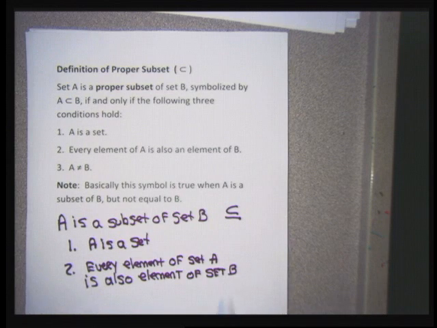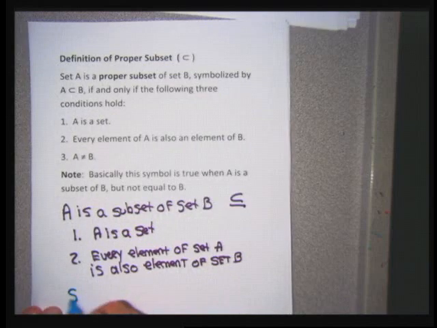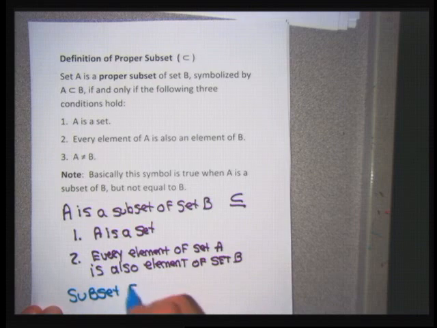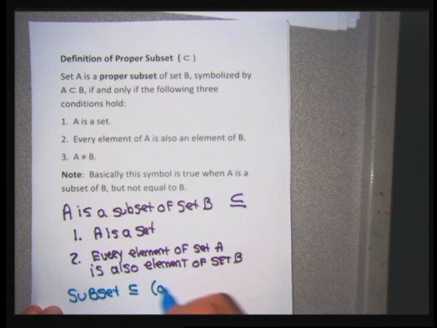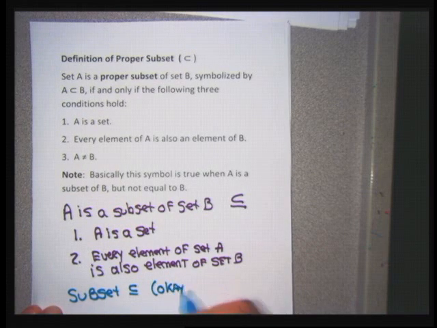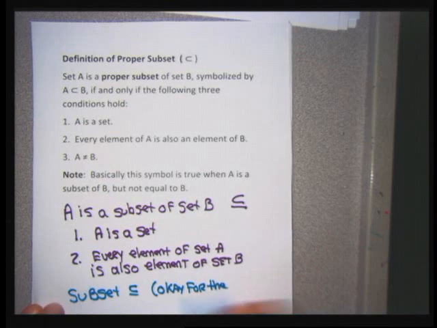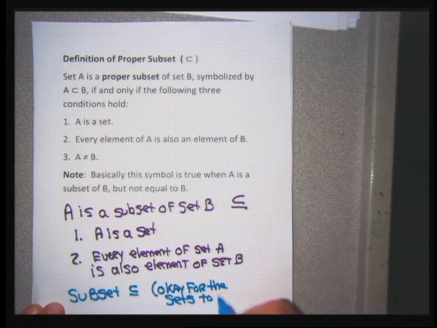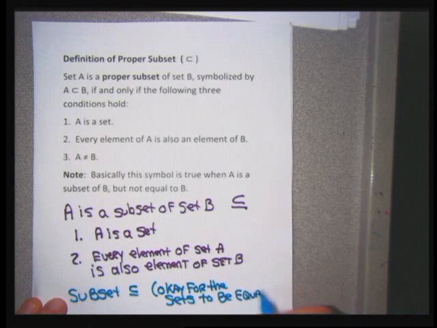So the big difference between subsets with this symbol, it's okay for the sets to be equal. So that symbol, if I'm asked, is A a subset of B?